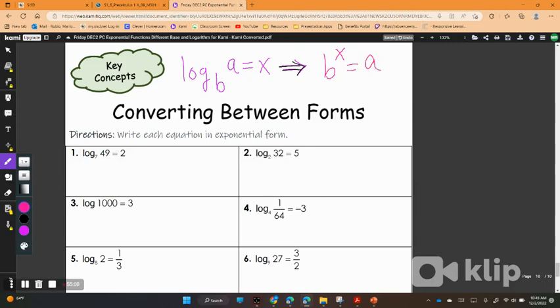So what I'm going to do for the first couple examples is write out what a, b, and x are, just so you can see where I'm pulling these numbers from. You don't necessarily have to do this every time, but it may help you identify. So we're going to identify first. Let's start with b. Since I want to go to exponential form, let's identify our b, which is right here.